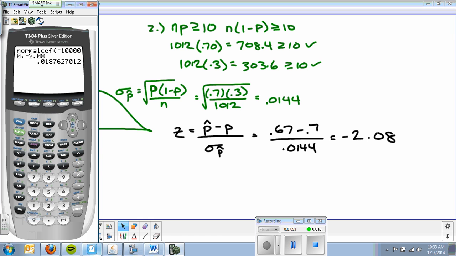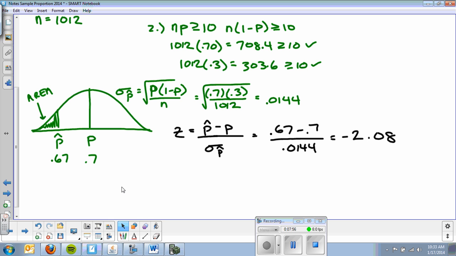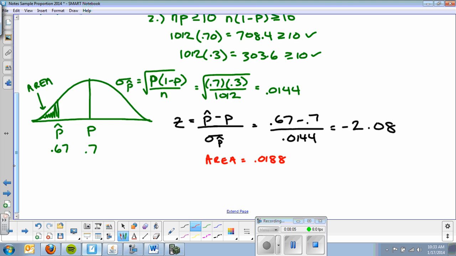an area of 0.0188. So the area is 0.0188, which is not very likely. So is this surprising? I would say yes.